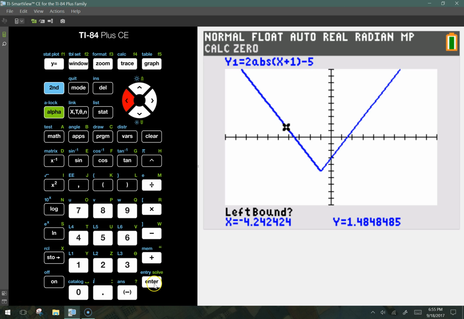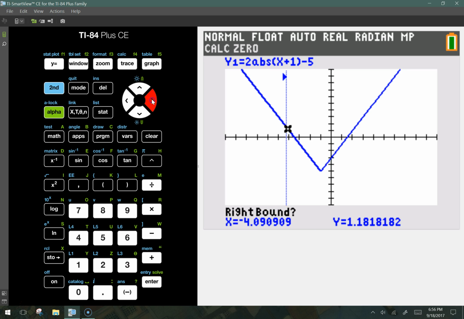What you'll notice this does is it puts this dotted line on the left-hand side of your x-intercept. If this left bound is on the right-hand side of your x-intercept, you're going to get an error message. So be really sure that for the x-intercept you're trying to find, you put the left bound on the left side. The second question it asks is, what is the right bound?